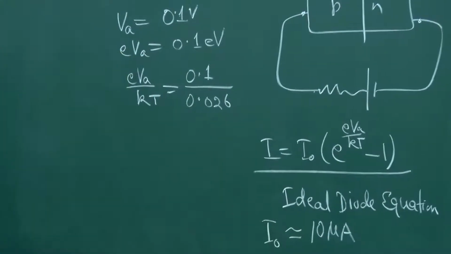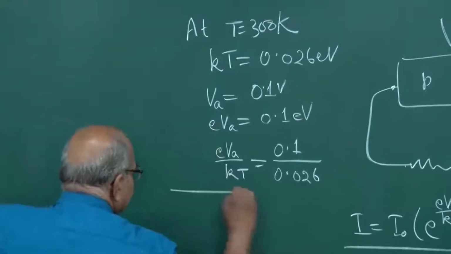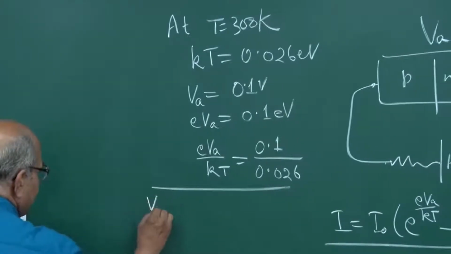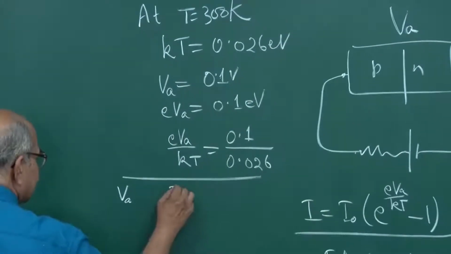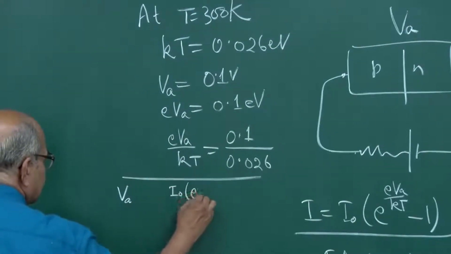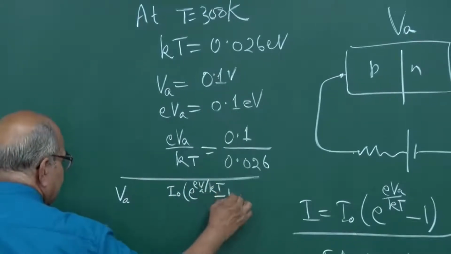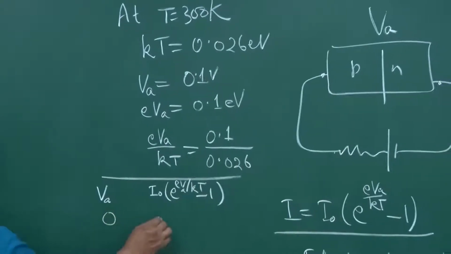And I have some data for you. If I take V, applied voltage here, and this whole thing, I naught e to the power eV by kT minus 1. So, at 0 this is 0.